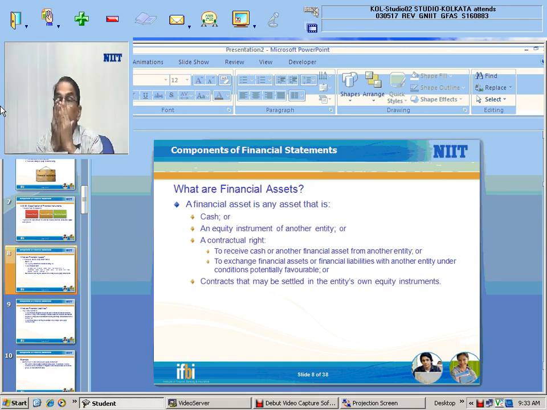So for financial assets, there are alternative definitions. There are various types of financial assets.